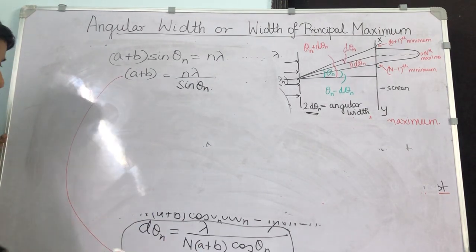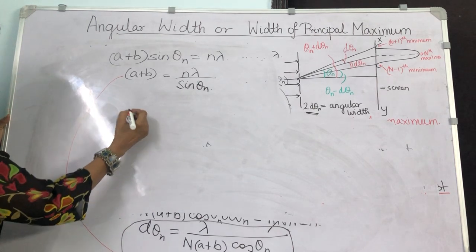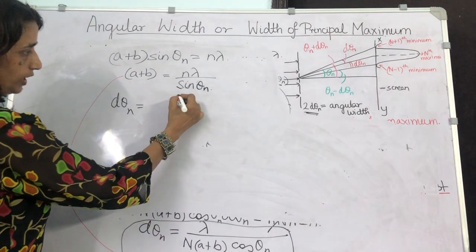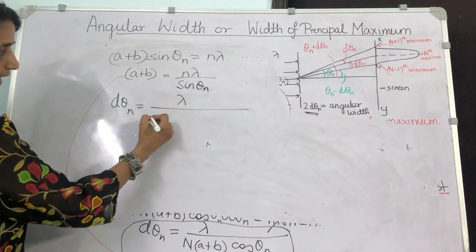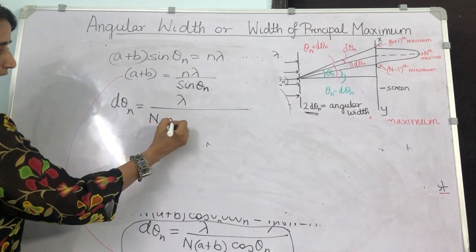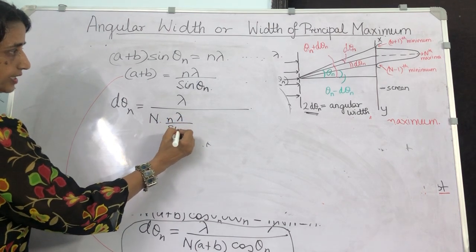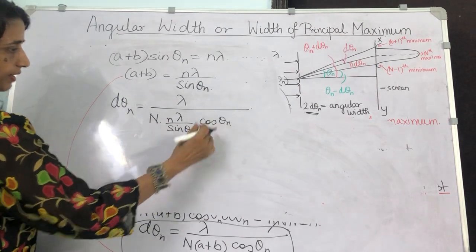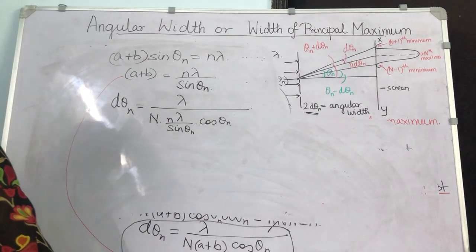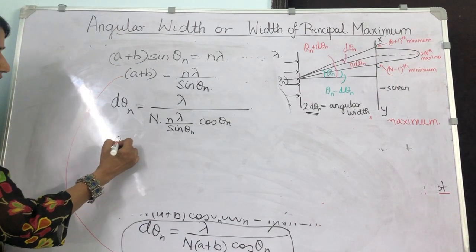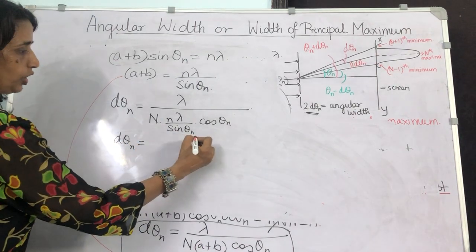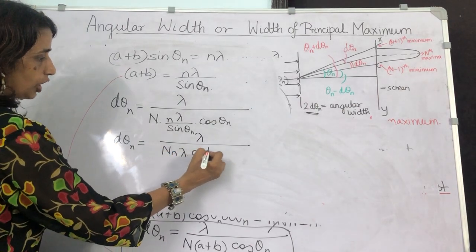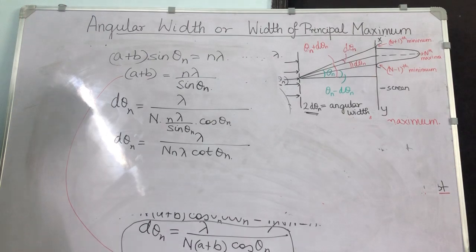What do we get for dθn now? We get dθn = λ / (N · nλ/sin θn · cos θn). Cos θ upon sin θ is cot θ. So dθn becomes λ / (N nλ) · cot θn... equal to λ / (N n cot θn).